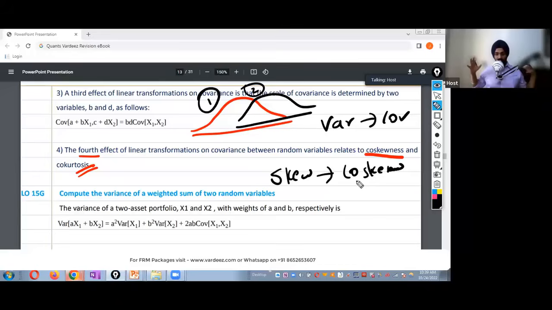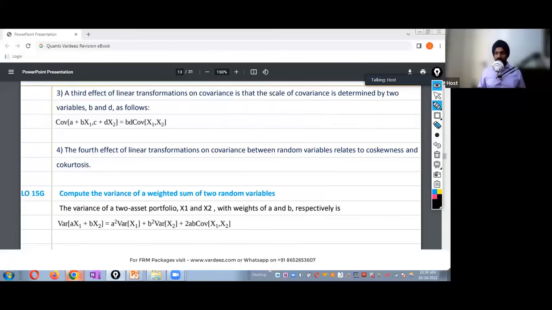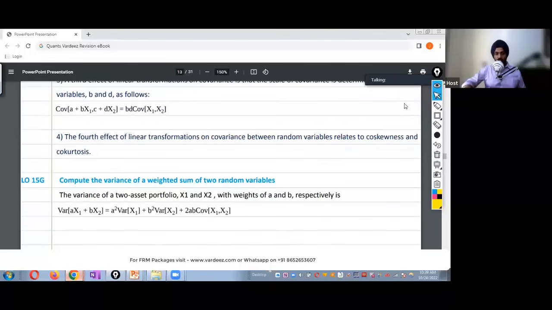Now, to be honest, it's really hard to make you understand this thing visually, but just understand, and the curriculum has also not gone deep into it, that yes, the fourth effect of a linear transformation on the covariance when we have two random variables is that it has to do something with the co-skewness and co-kurtosis. That's all that you need to know. Okay, so just remember co-skewness and co-kurtosis.